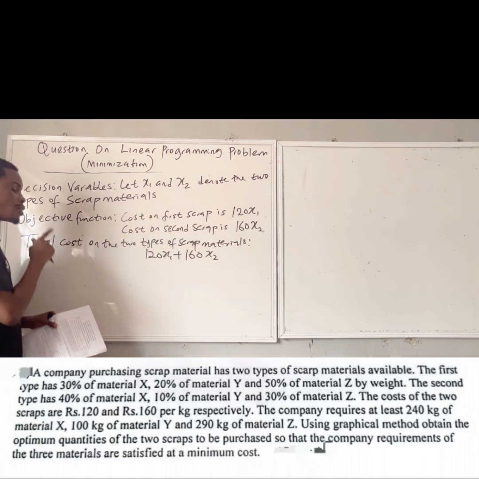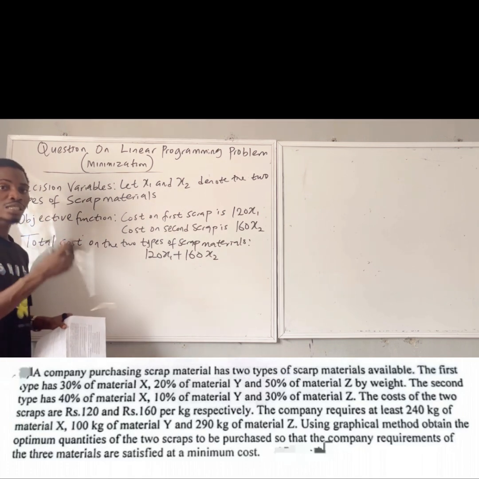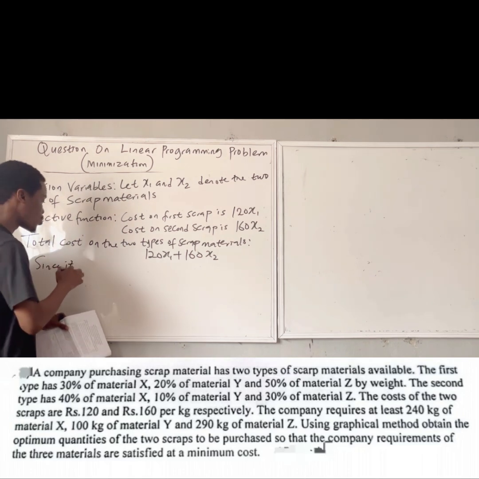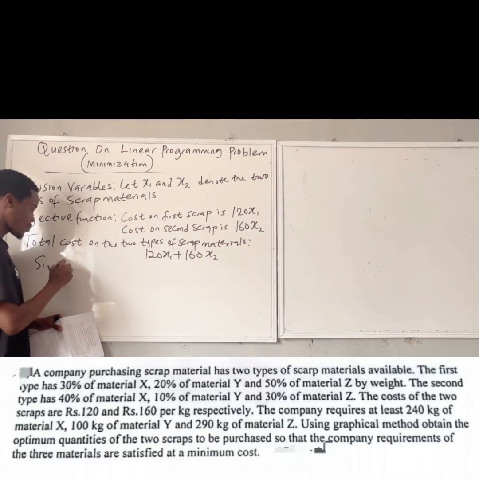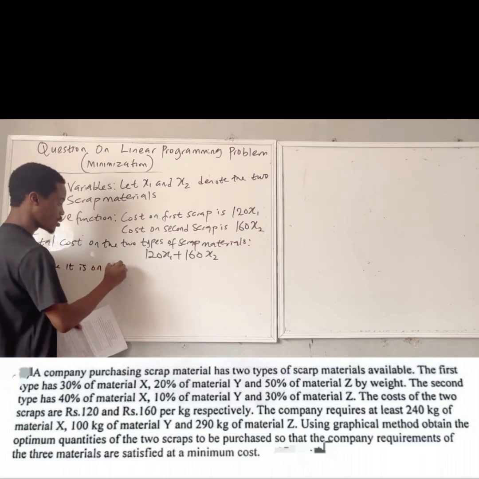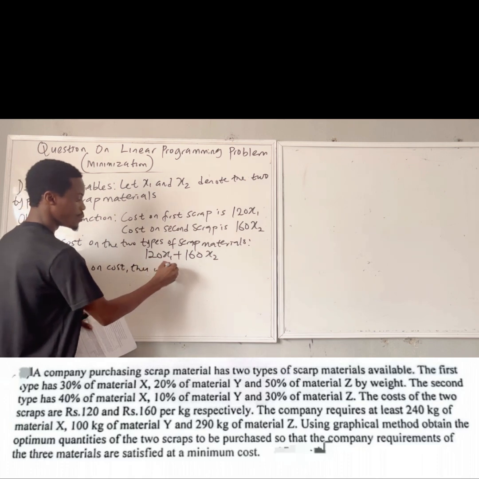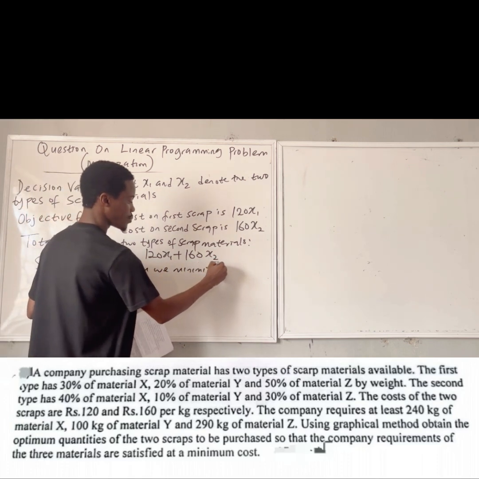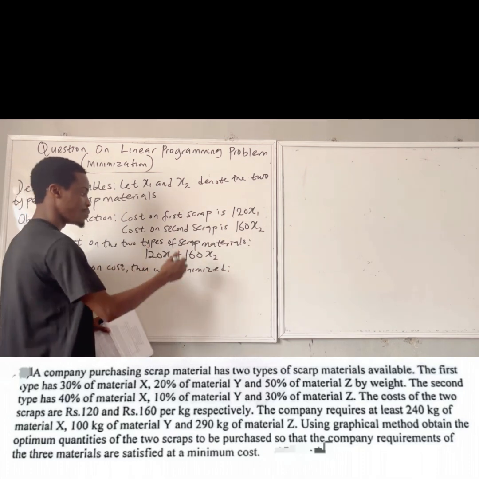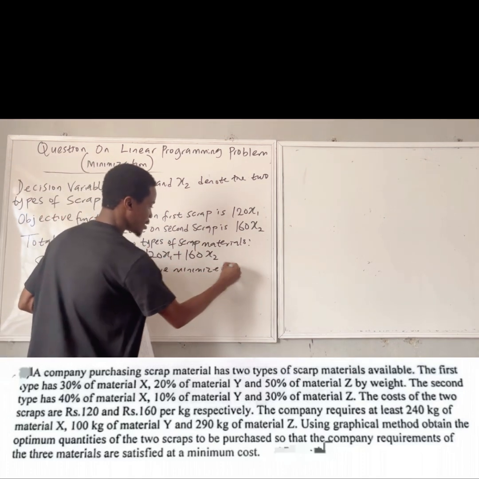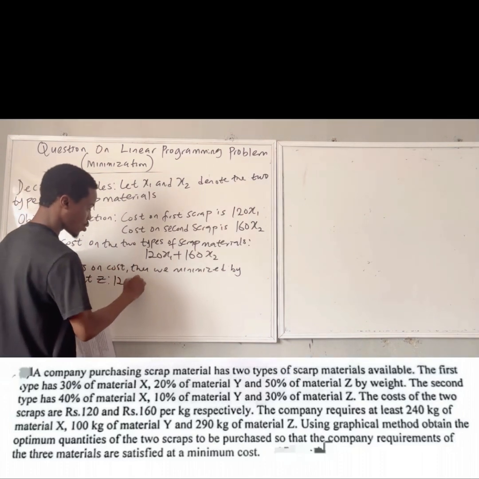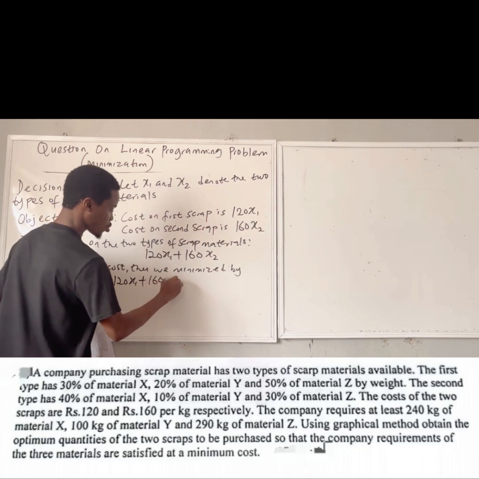Remember, in the objective function, since it is on cost, we minimize. Let z be 120x1 plus 160x2.